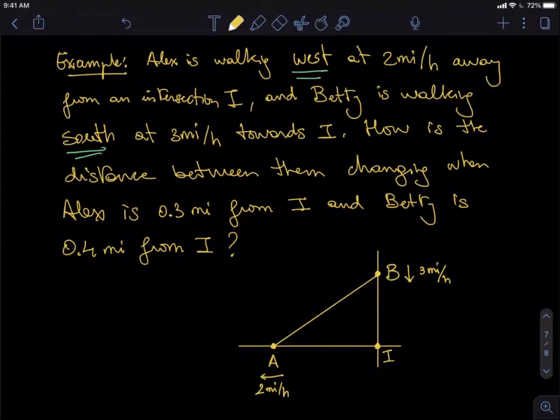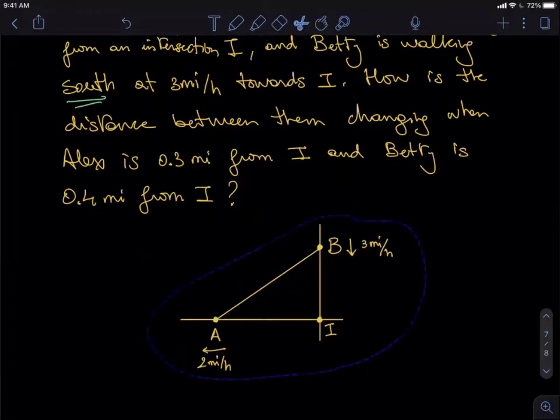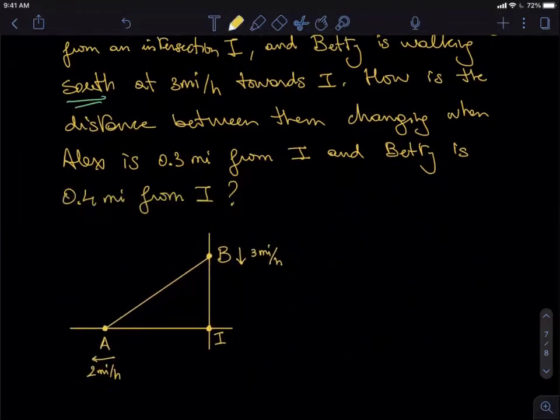All right, so remember the steps that we saw that we need when solving a problem like this. Actually, once we have the graph, the whole story doesn't really matter that much. The first thing we need to do is to choose variables. So what are the important variables here? Notice that we are told that Alex is 0.3 miles from the intersection, so this distance is 0.3 miles.